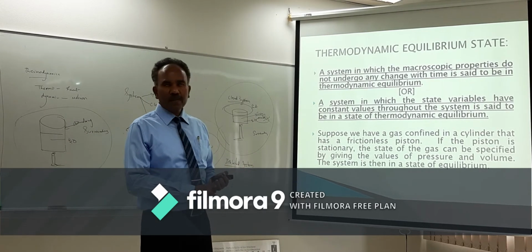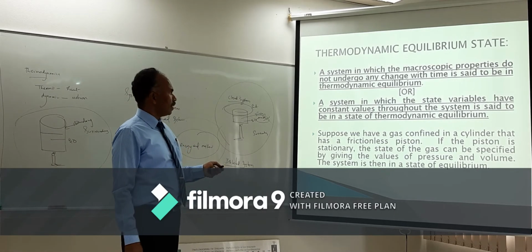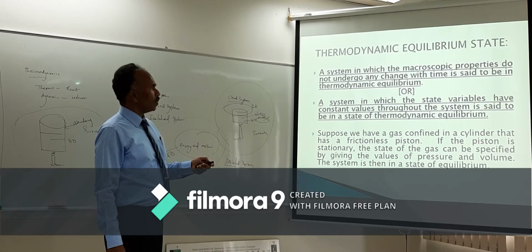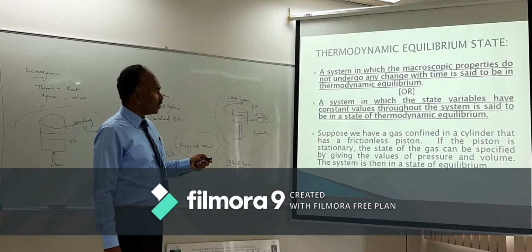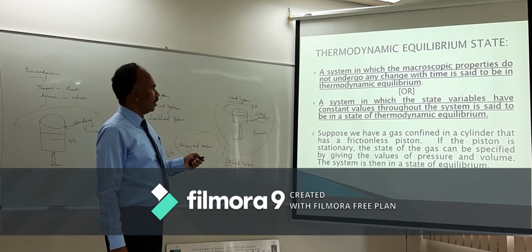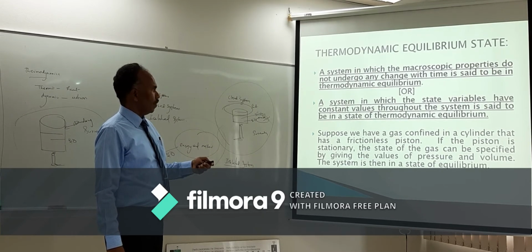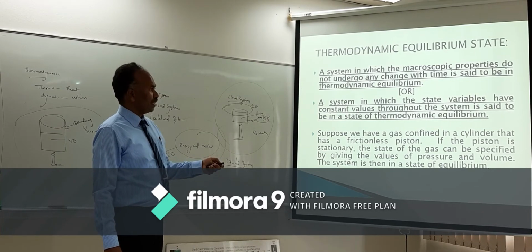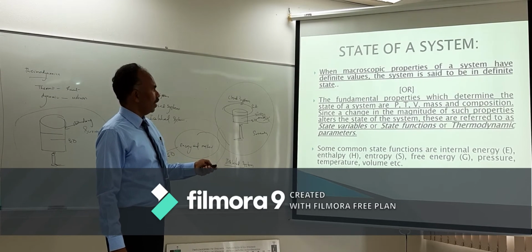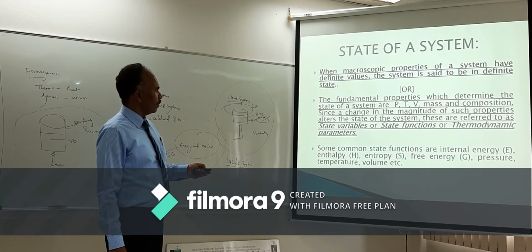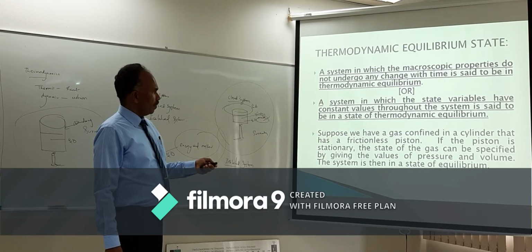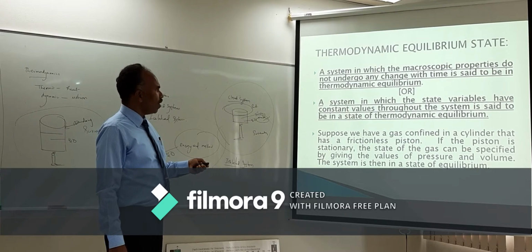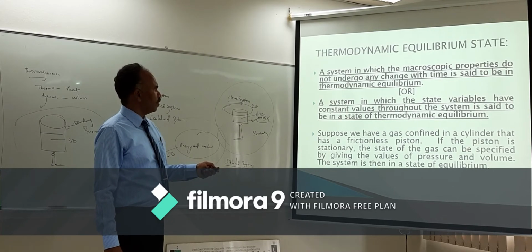Okay. Next one is thermodynamic equilibrium state. What is thermodynamic equilibrium state? A system in which the macroscopic properties do not undergo any change with time is said to be in thermodynamic equilibrium. Or we can say in another way, a system in which the state variables, we already know what state variables are, have constant values throughout the system is said to be in a state of thermodynamic equilibrium.